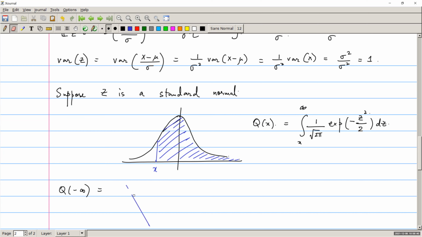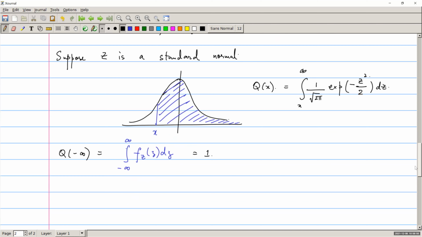It's 1. Right. So it's the area under the PDF, and area under the PDF is always 1. Okay. And Q of infinity is 0. Okay. And Q is monotonically decreasing.